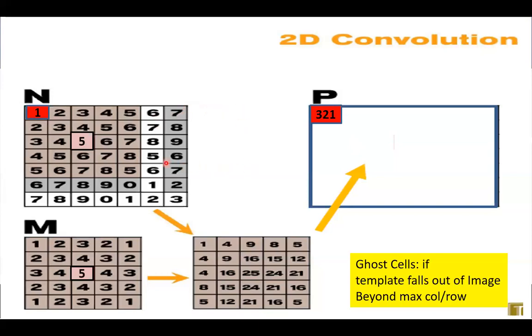When you are here, your mask will flow out on both the right side as well as the bottom. So whenever your mask flows out, you have to put a condition that this multiply accumulate action should not take place. That is ghost cell, because you are assuming there are zeros there. Okay, now we have everything for 2D convolution. We have worked out everything for 2D convolution. Let's see.